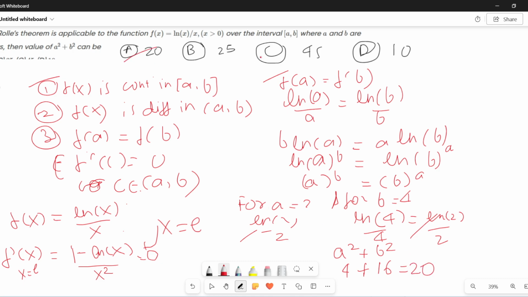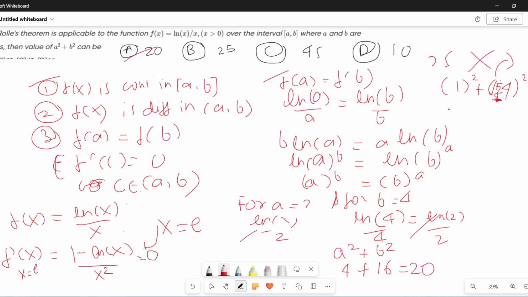If we check for 25, suppose a is 1, 1² and b is root 24. But b is an integer, here b is not an integer, so this is not possible.